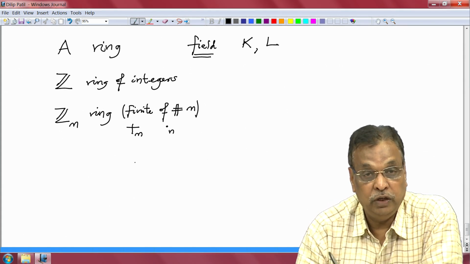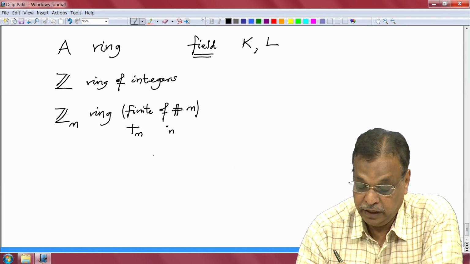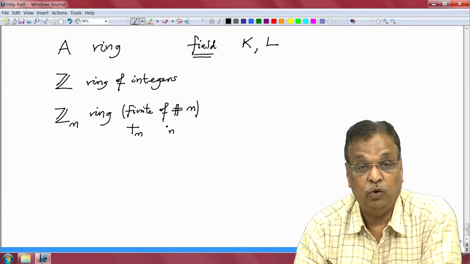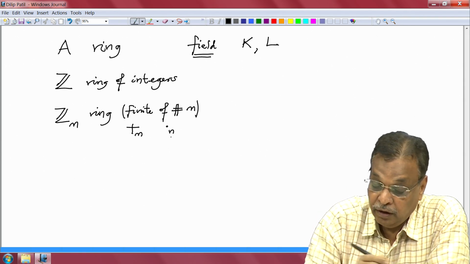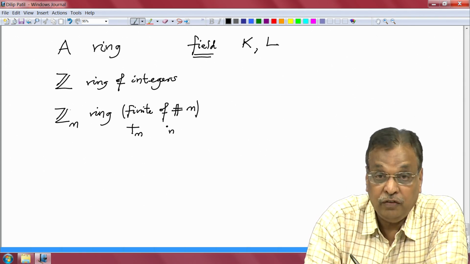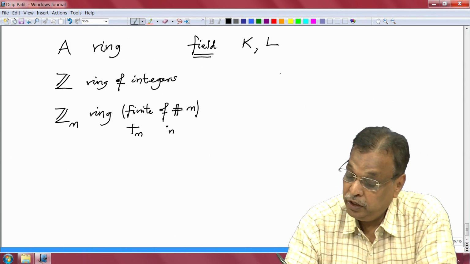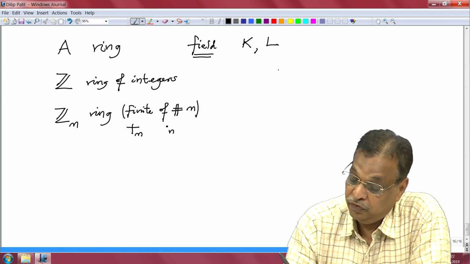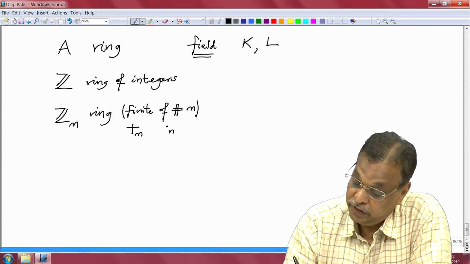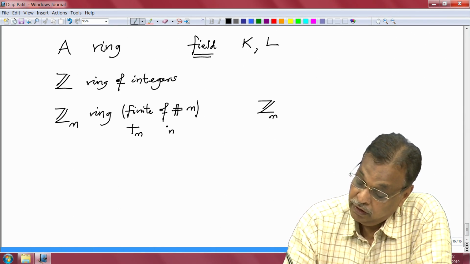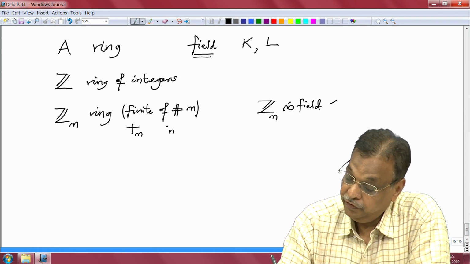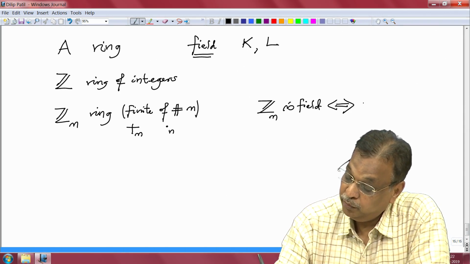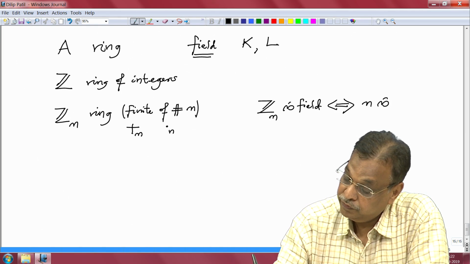You add as usual, divide by n and take the remainder, that is the definition of addition modulo n, and similarly multiplication modulo n. These rings are not fields in general, but you would have studied in your first course on algebra that Z mod n is a field if and only if n is a prime number.